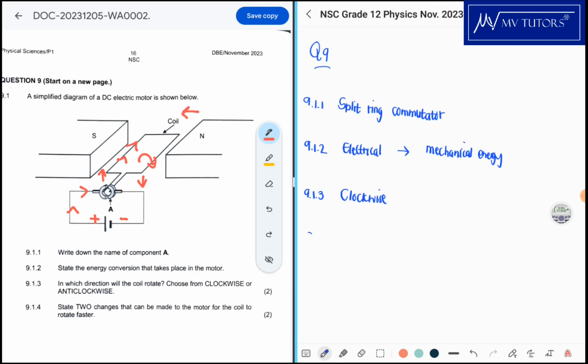And then 9.1.4. Okay, so it says state 2 changes that can be made to the motor for the coil to rotate faster. So if you want your coil to rotate faster, you can increase the magnetic field strength. Okay, that's one of the ways you can do it. I think this I'll write down. So you can increase your magnetic strength, magnetic flux.